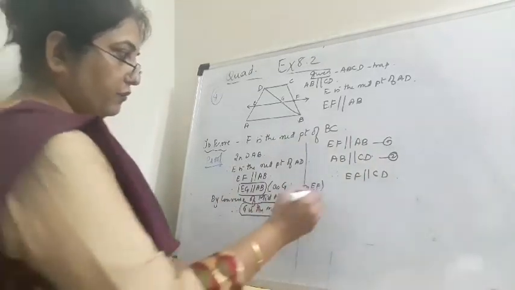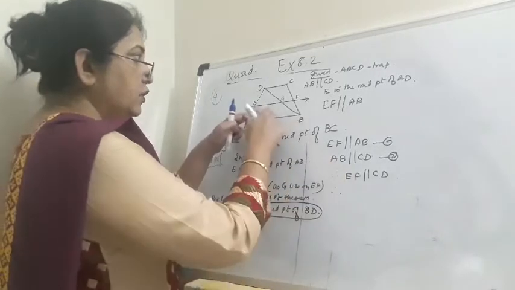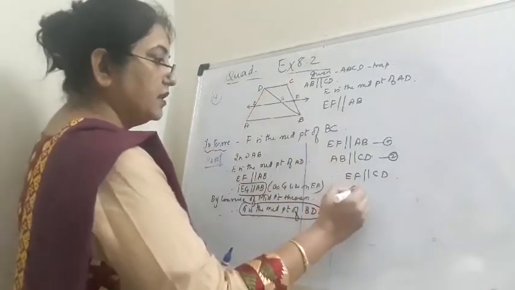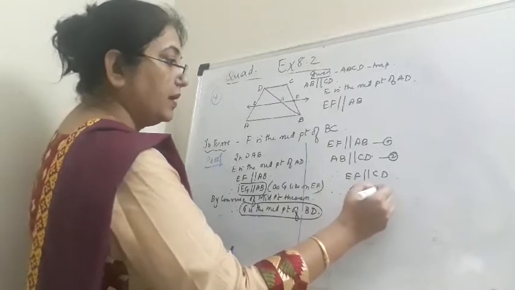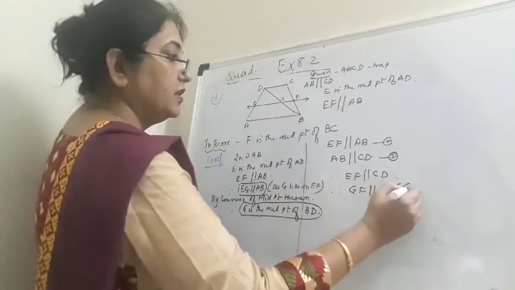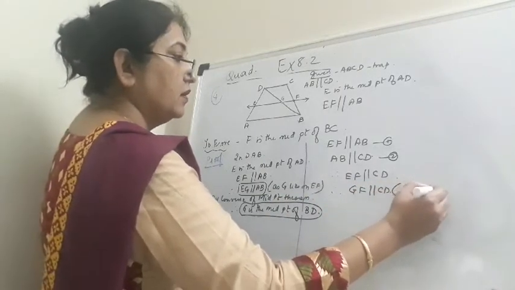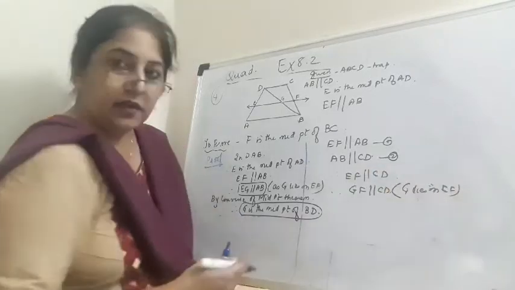Now therefore when EF is parallel to CD, that means GF is parallel to CD. You will write G lies on EF. Clear?